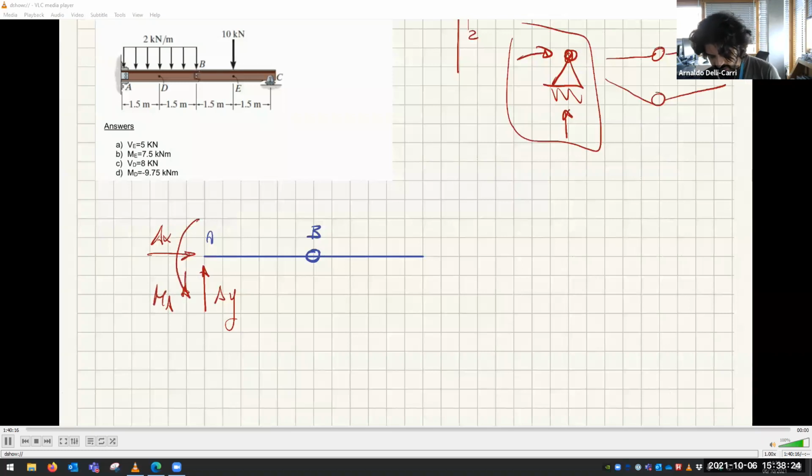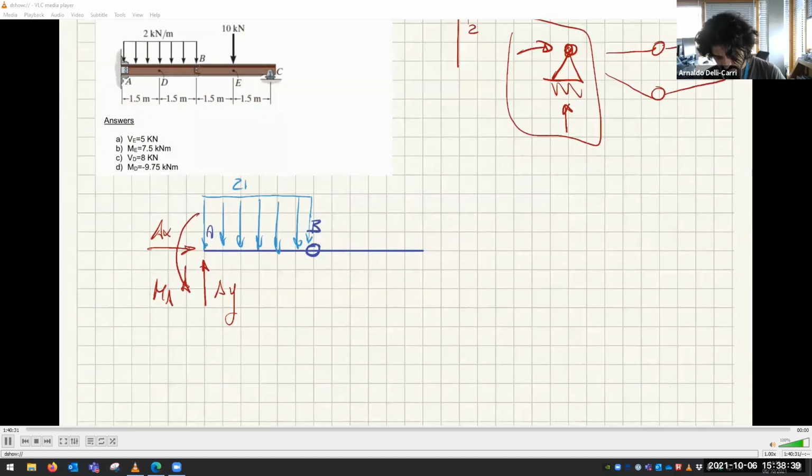We have a distributed load here. Okay, very important. Remember, we have to know how to treat distributed loads as well. And this is 2 kilonewtons every meter. And we have another active force of 10 kilonewtons here. Point E is right here, just to the left of it.